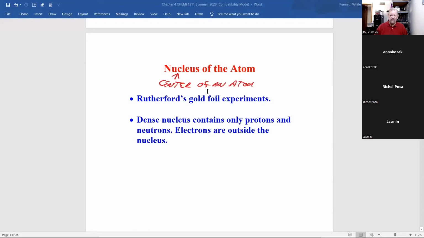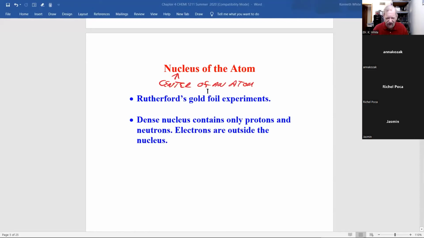Let's get going. All right, we're talking about atoms. And remember, atoms are made up of subatomic particles, which are the electrons, protons, and the neutrons. And where are the protons and neutrons? Well, they're in the nucleus.